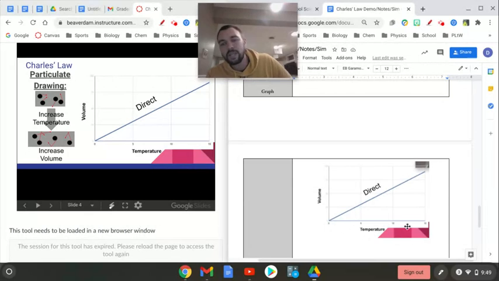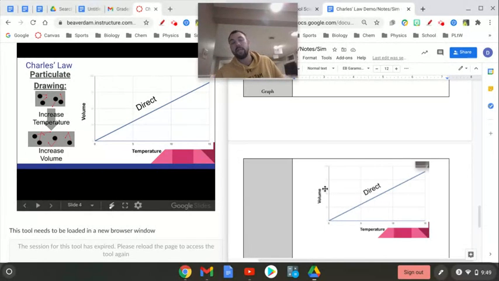So if I increase this temperature, the volume also increases. If I start at a temperature of 0, I start at a volume of 0. If I increase this temperature to, looks like a 5 here, then this volume gets, I think that's a 10 or something. I can't tell, but at least it gets bigger. If I increase the temperature to, I think this is 10, I increase the volume to a bigger number.